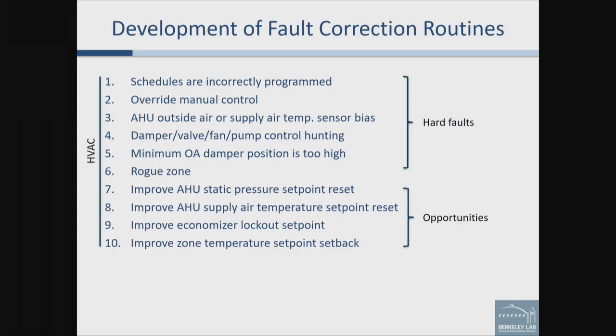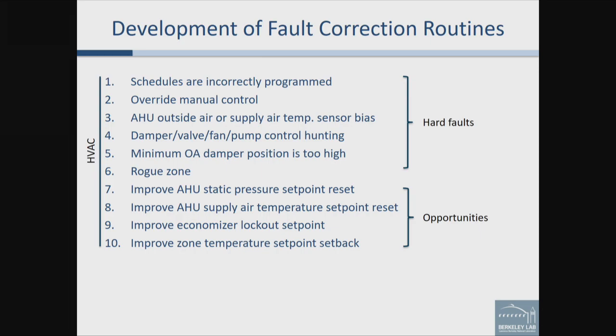After we found out which faults can be auto-correctable, in the past year we developed the fault correction routines for these 10 HVAC faults. The top 6 are the hard faults, including the schedule, the override, the sensor bias, control hunting, the outside air damper position, and the rogue zone.